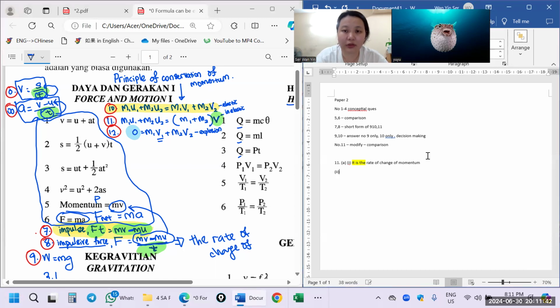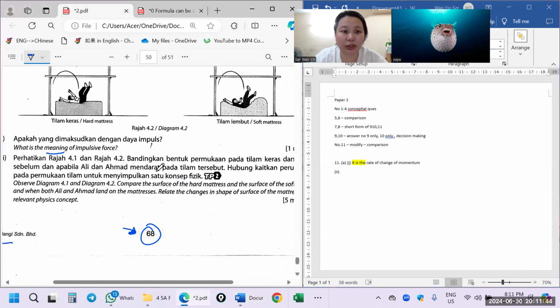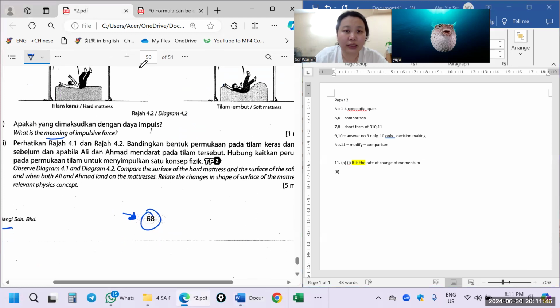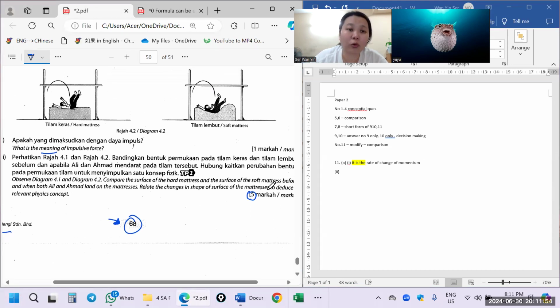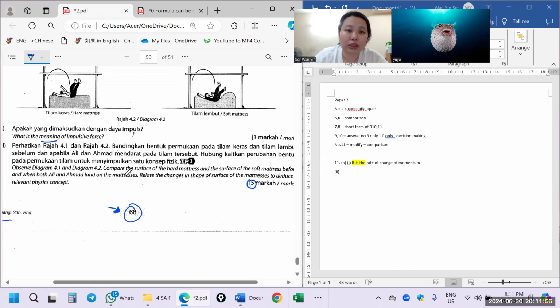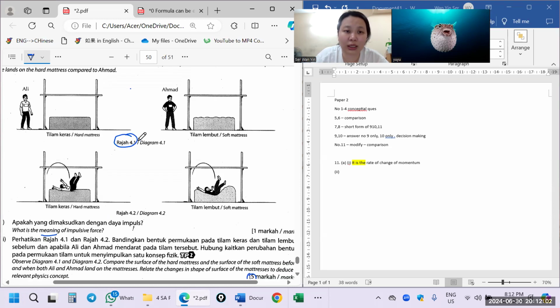So next, for number 2, they ask what? Okay, you can see here actually got 5 marks. Okay, actually quite easy to get 5 marks if you know how. So they say observe diagram 4.1 and 4.2. So this is 4.1.